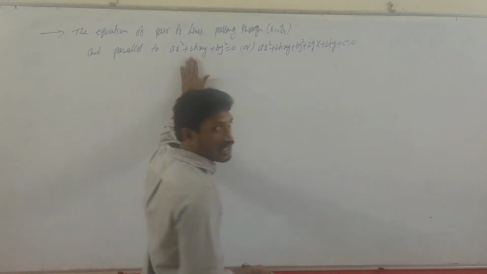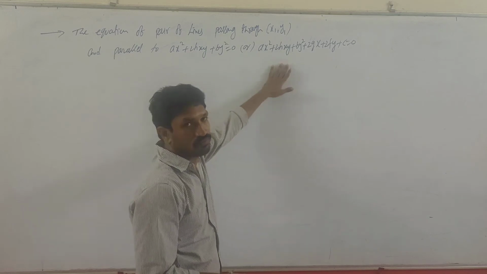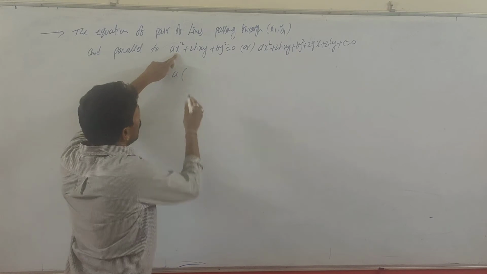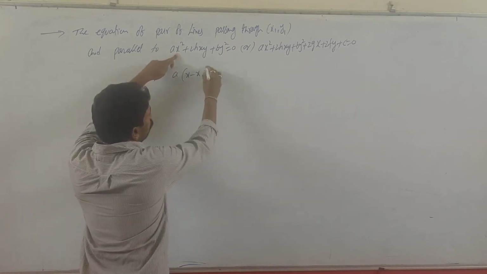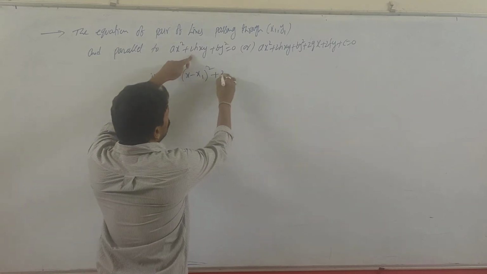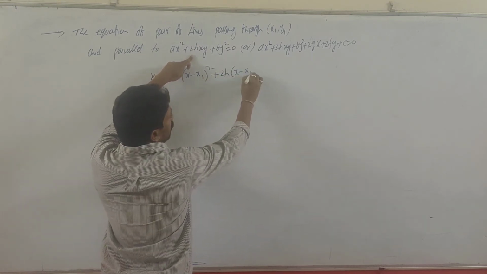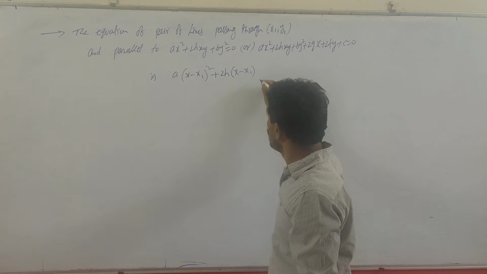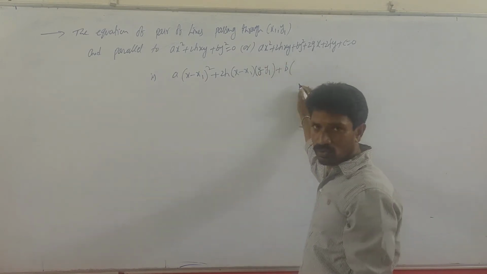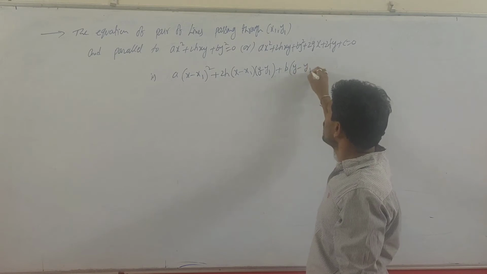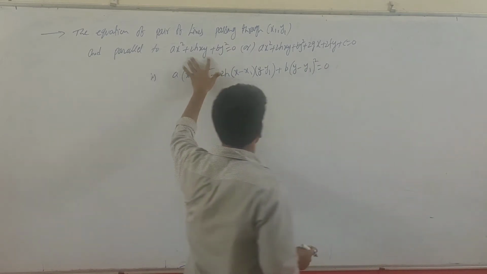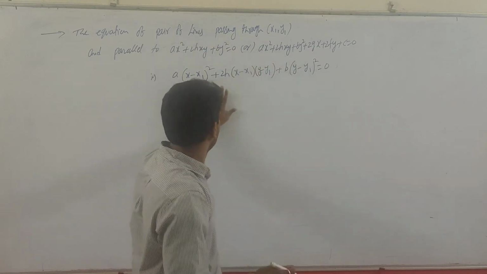Either for this equation or for this equation, it is a(x − x1)² + 2h(x − x1)(y − y1) + b(y − y1)² = 0. That is for either this equation or for this equation. This is the formula.